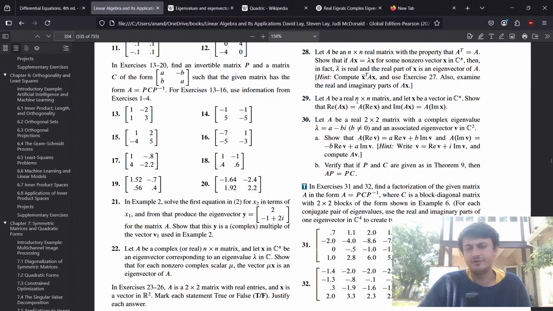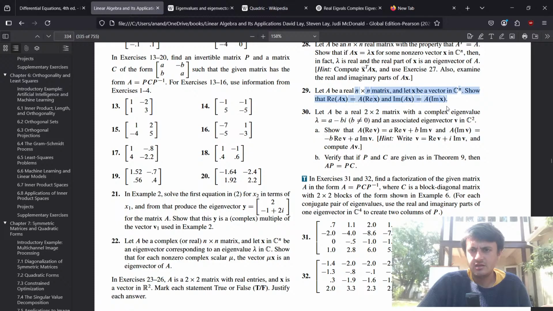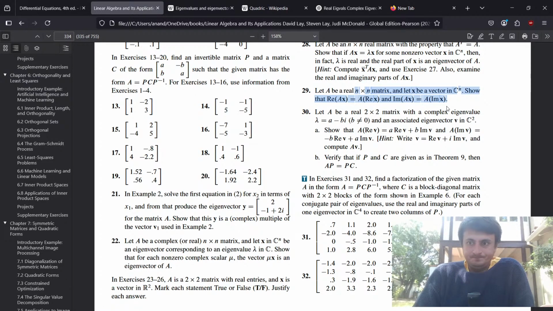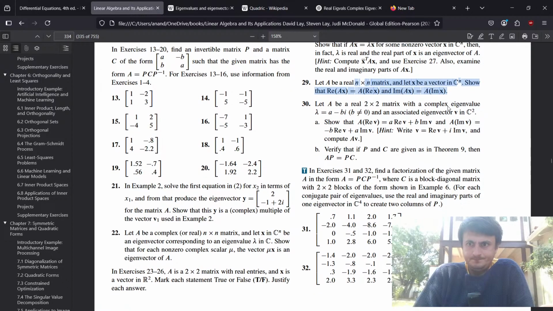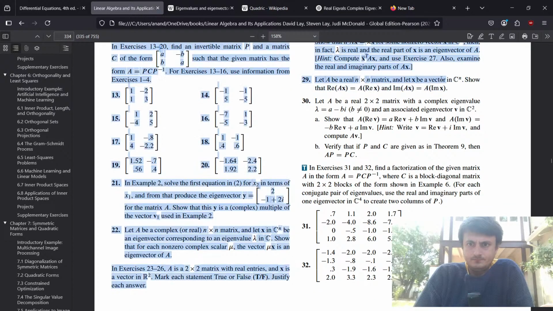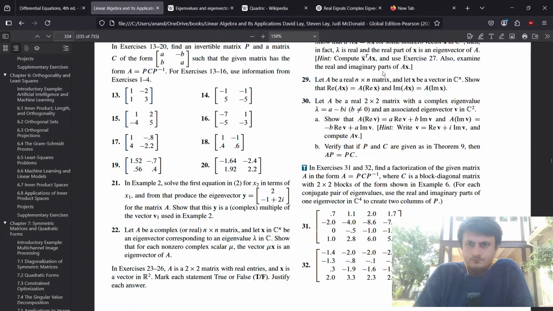29. Let A be a real n by n matrix and let x be a vector in C^n. Yeah, we should show this.